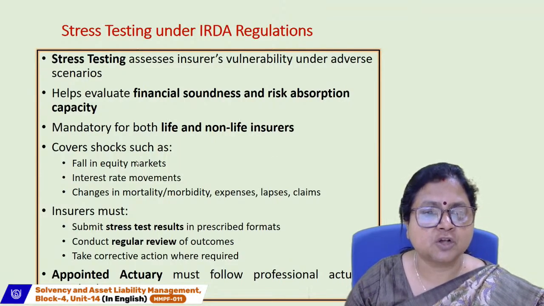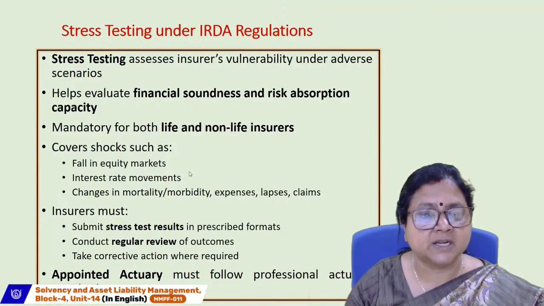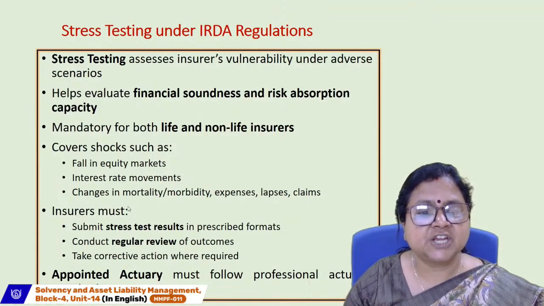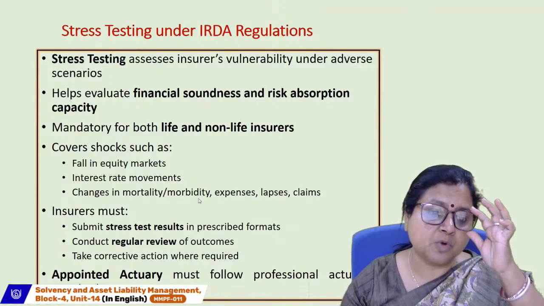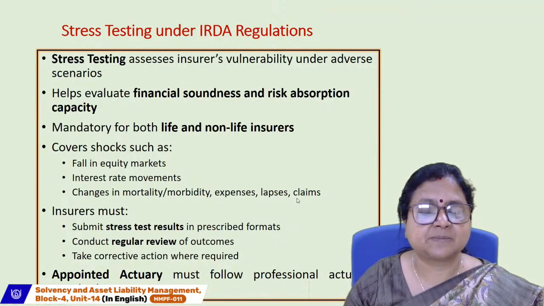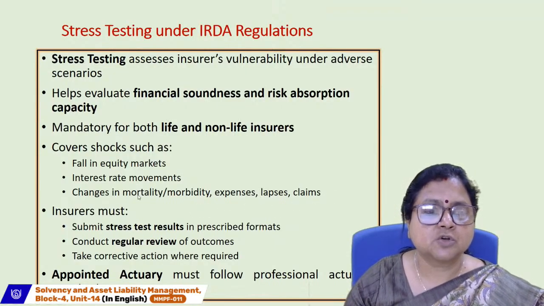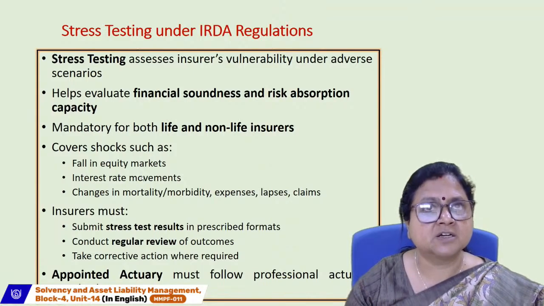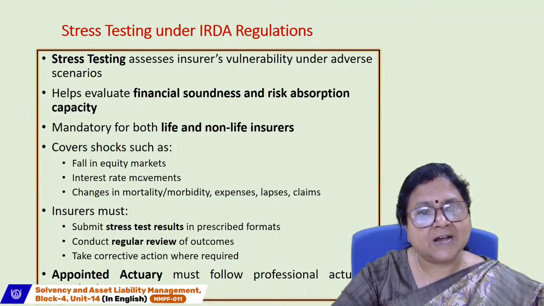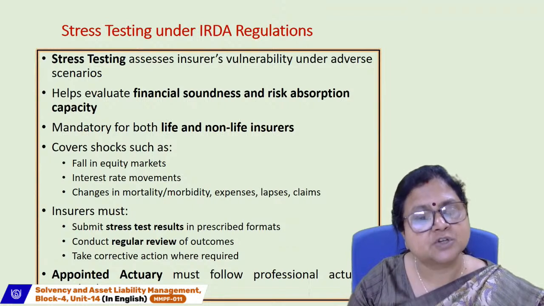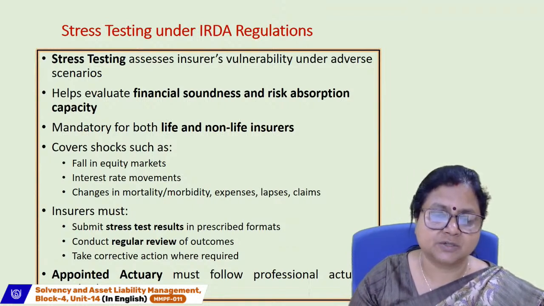It covers shocks such as a fall in the equity market, interest rate movements, change in mortality or morbidity, expenses, lapses, and claims. All these are factors which will lead to an increase in the number of claims by the policyholders.